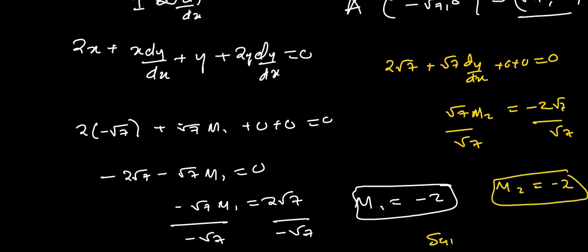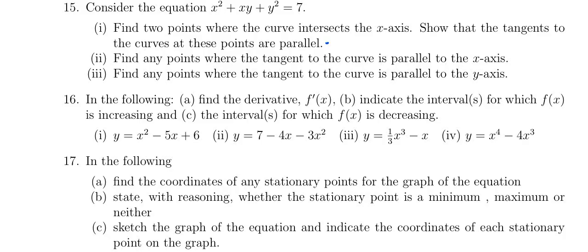So you have the same slope. That's the reason why we're saying these guys are parallel, because they have the same gradient. We've shown that they have the same slope. Any 2 lines that are parallel to each other have the same slope.